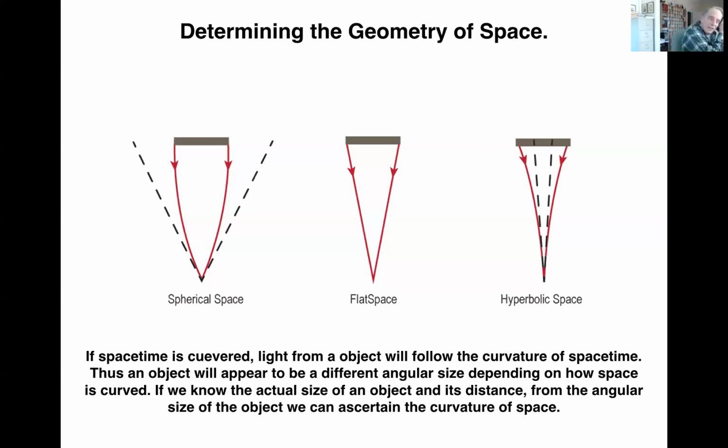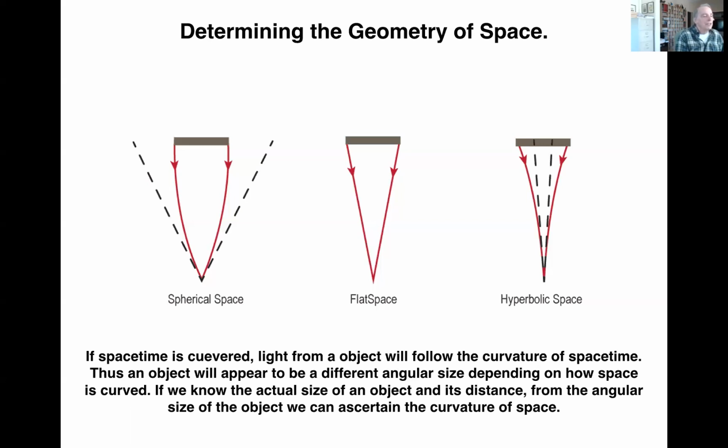If you take a look at the situation on the left, we're talking about a positively curved universe, and the photons, which propagate along geodesics in that space-time, would follow those curves that are drawn there, and would arrive at the Earth, one from one side, one from the other side, and they would appear to subtend a larger angle than would be the case if space were flat, which would be the case in the middle.